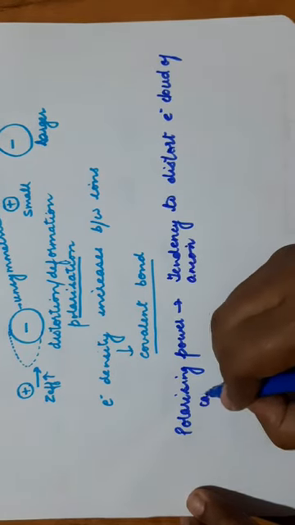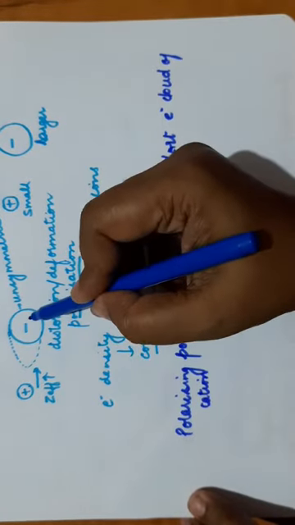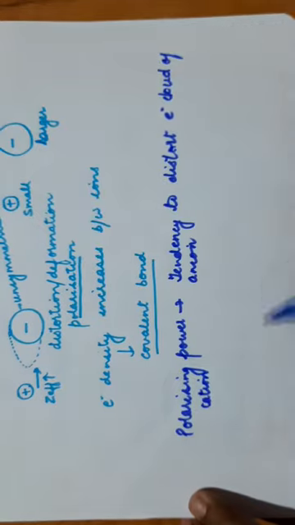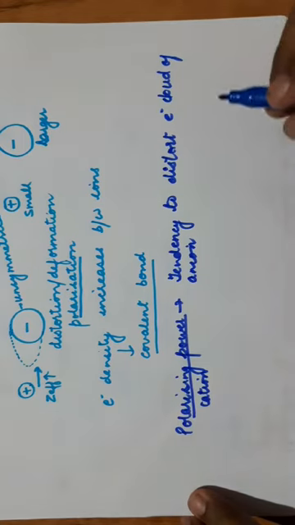So we talk about the polarizing power of a cation, that is how much it is polarizing the electron cloud. Polarizing means how much it is deforming the electron cloud of the anion. So this is the polarizing power of a cation, the tendency to distort the electron cloud of an anion.